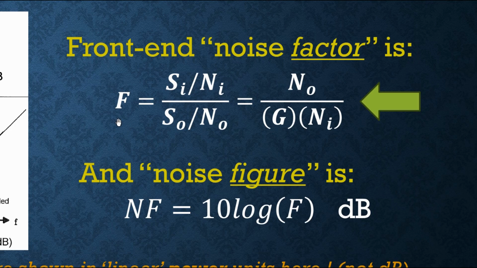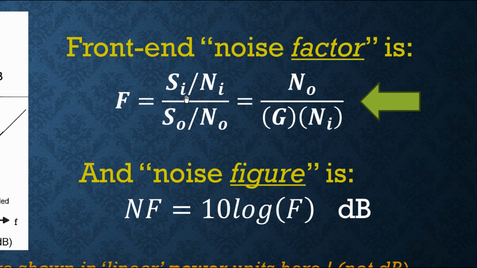We start with noise factor, and it's defined as the input signal to noise ratio, that's at the antenna, divided by the output signal to noise ratio, which for a receiver system is the D-mod input. But you can apply this to anything. So you could apply it to a single amplifier, just a low noise amplifier itself, or to the front end of the receiver, which is the most critical, or to the whole receiver.